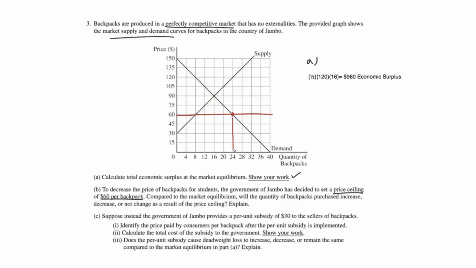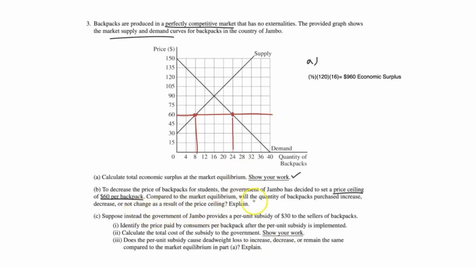But producers, they're like, hey, we used to be able to sell these for $90. Now we only get $60. We're getting screwed over, and so they're going to produce less. So here you can see they only produce 8 backpacks. So consumers want to buy 24, but they can only buy 8 because they're limited by the amount that the suppliers actually produce.